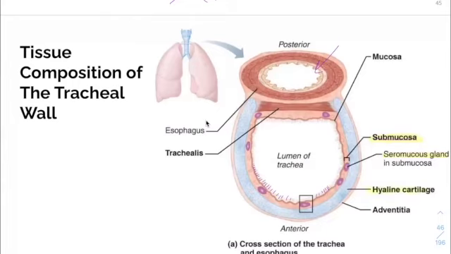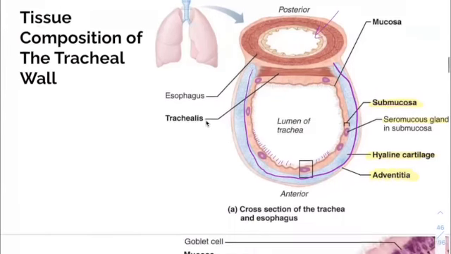Then on the very outside, we have that adventitia that is connective tissue. And those cartilaginous rings help to keep your trachea open nicely so you can easily breathe air in and out. Not feel any kind of restriction when you're breathing.